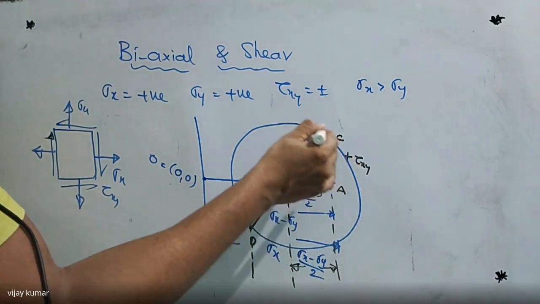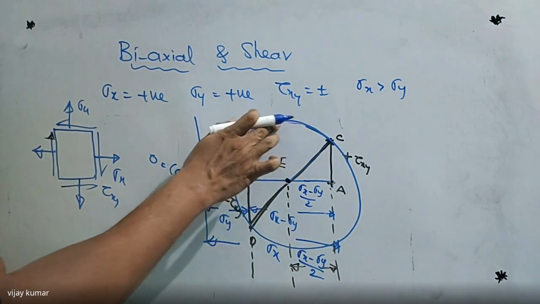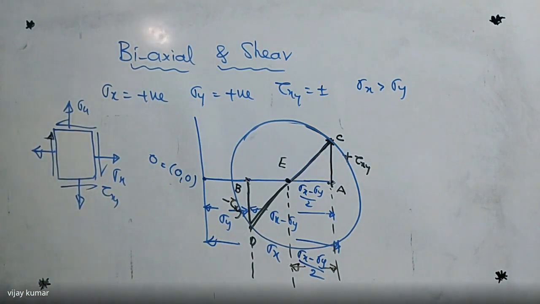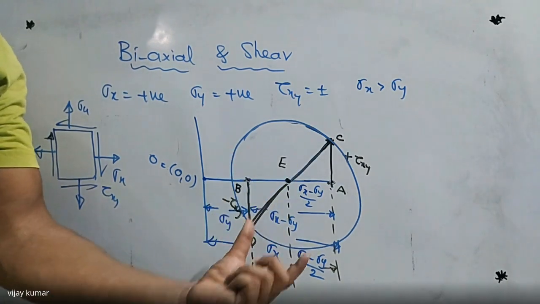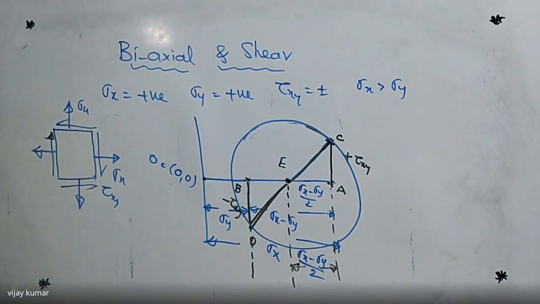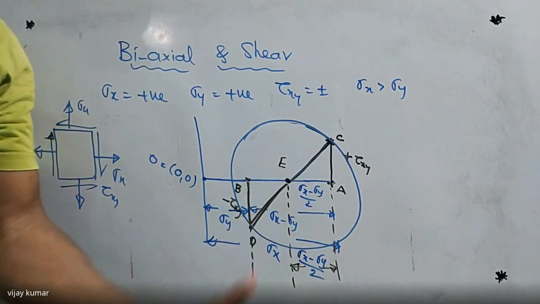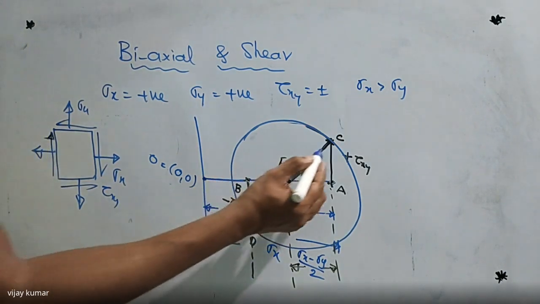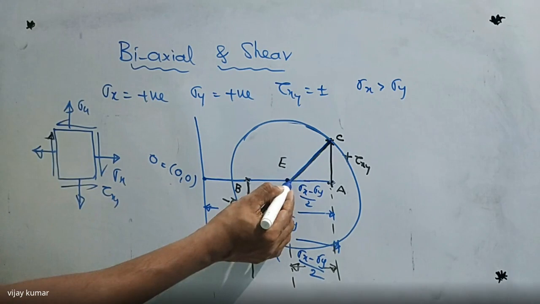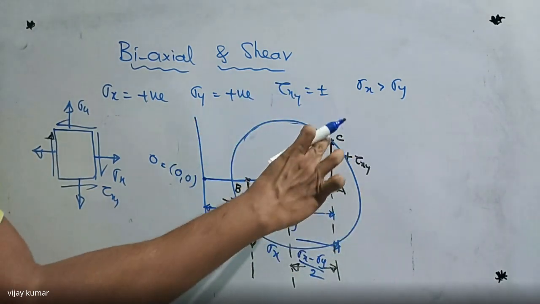Did you get it? So this is the Mohr circle diagram for biaxial stress and shear. Now here, this is the radius of the circle, because I am drawing the circle with respect to this point.